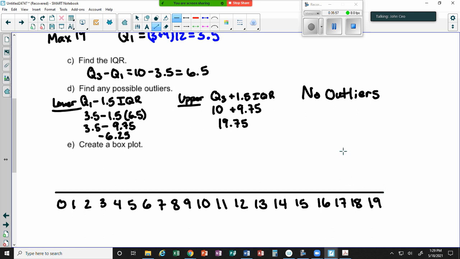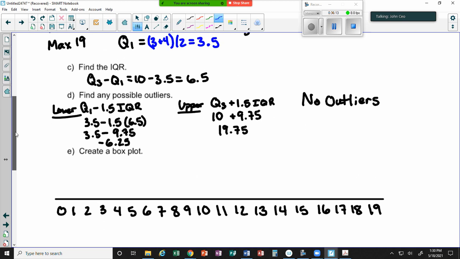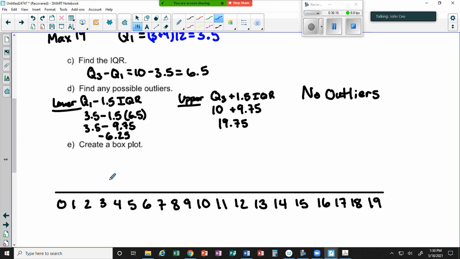All right, so my box plot: I start with Q1, Q2, and Q3 and make vertical lines there. Q1 is at 3.5, right in the middle there. Q2 is at 7. Q3 is at 10. There's my box.